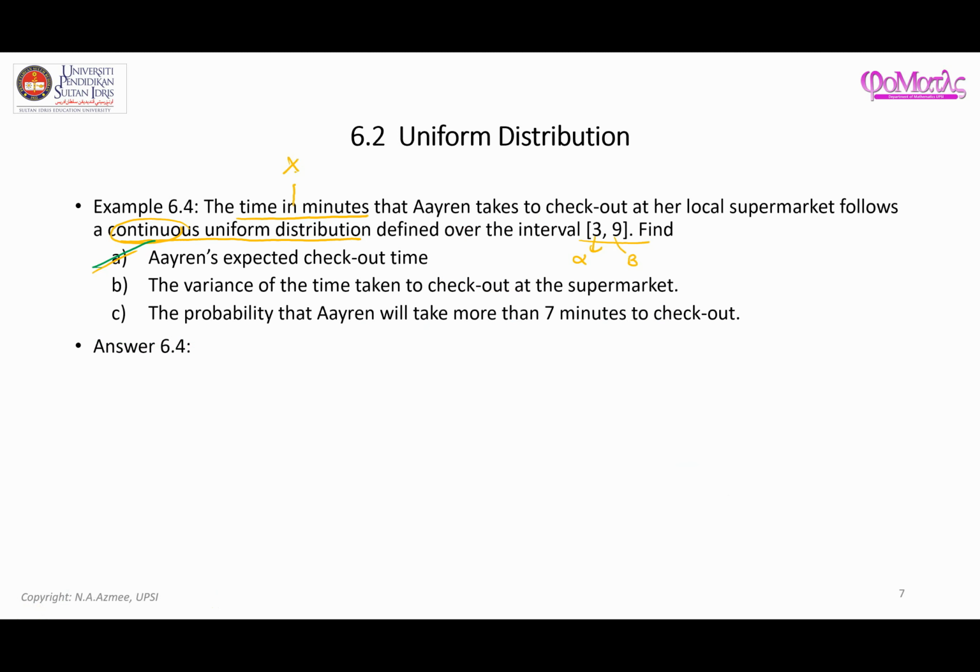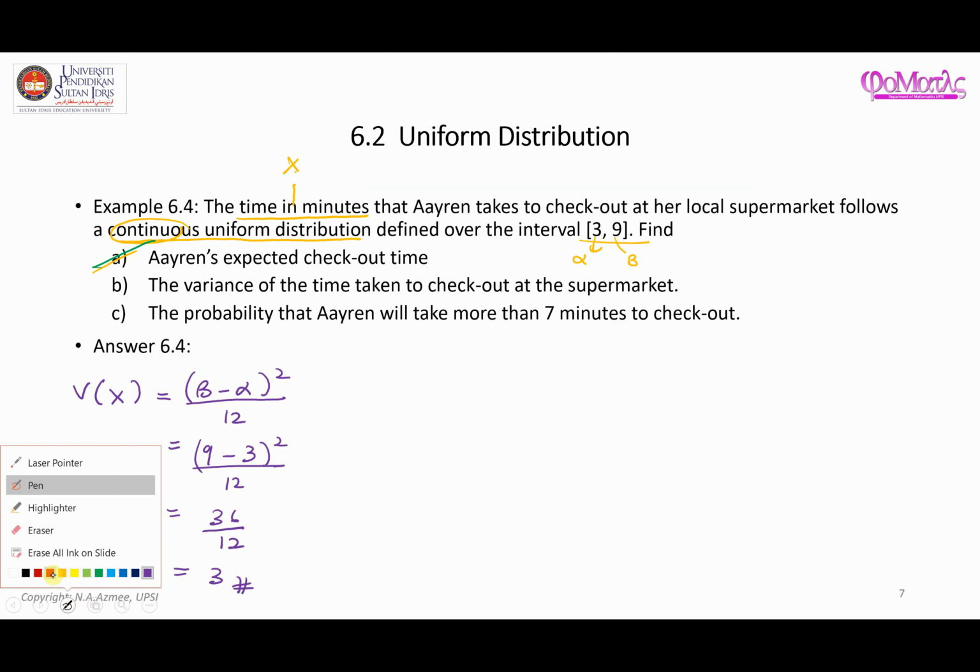Now for this one here, we have variance of x according to the formula is beta minus alpha squared over 12, and beta is 9, minus 3 squared over 12. 9 minus 3 is 6. 6 squared is 36 over 12. Therefore, variance is equal to 3. So there you go. That is the value for variance.